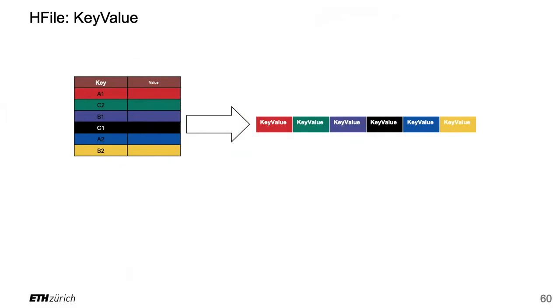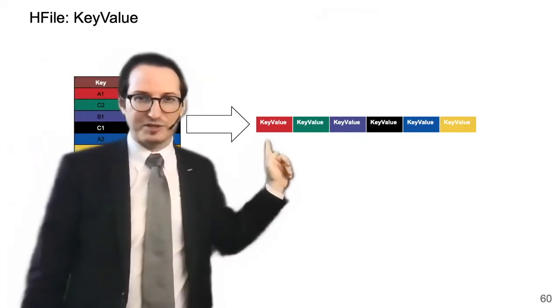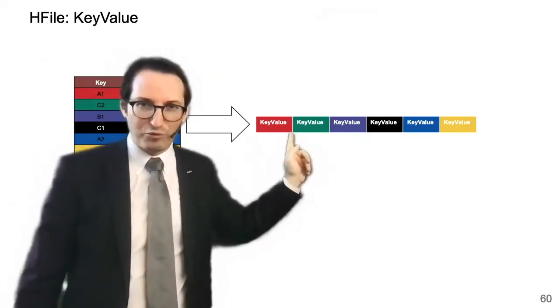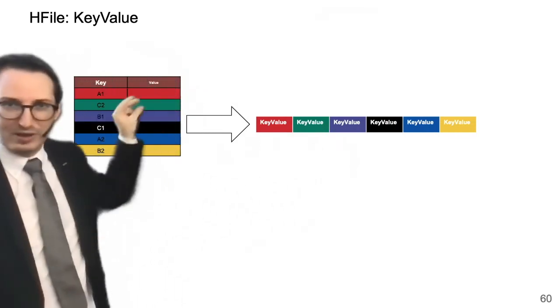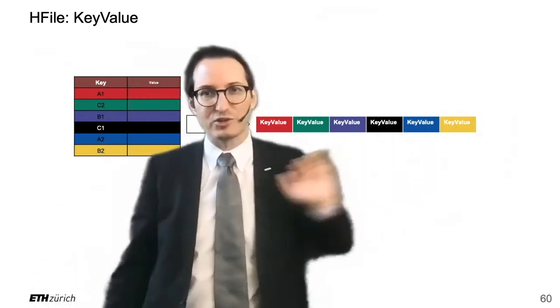But basically, when you store data on a disk, it ends up as a sequence of zeros and ones. That's what you see on the disk. This table here, it's just because us humans interpret it in that way. But on the disk, what you're going to have is just a bunch of zeros and ones that are a key value, followed by another bunch of zeros and ones that are the next key value and so on, right? So this is how it's stored eventually on disk.